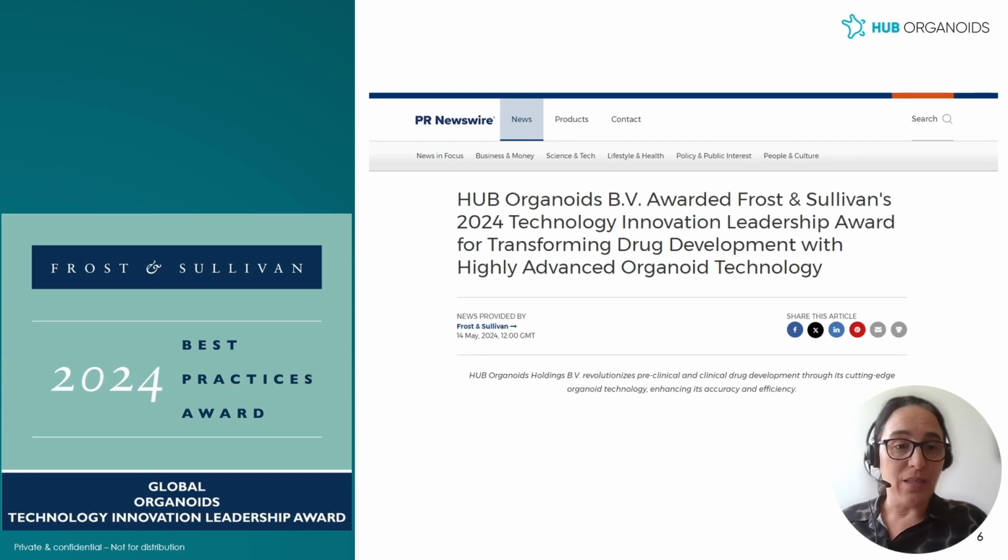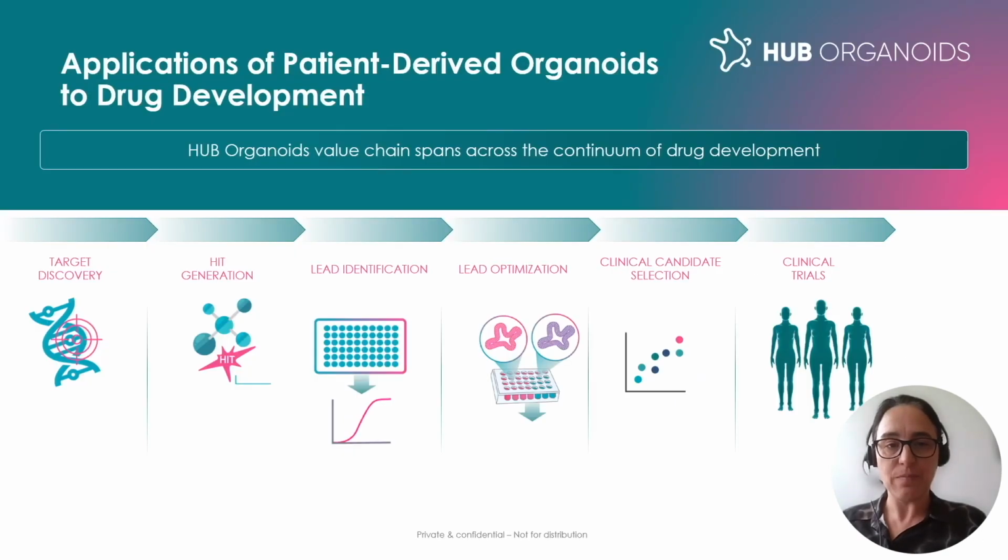Actually, we are quite excited to share with this audience that quite recently, 2 weeks ago, we received the award from Frost and Sullivan for our technology, for the high impact that the organoid technology can have on drug development. So we are quite excited about what we've been able to develop already and prove the value of our technology, and looking forward to keep expanding the utility of this technology.